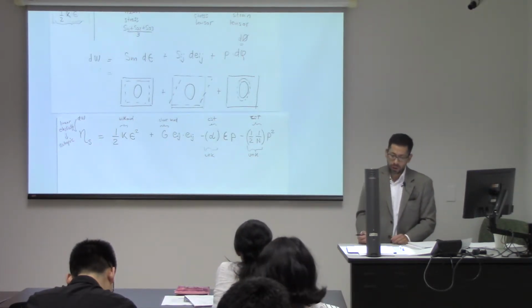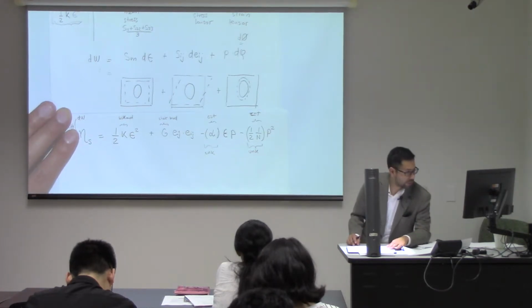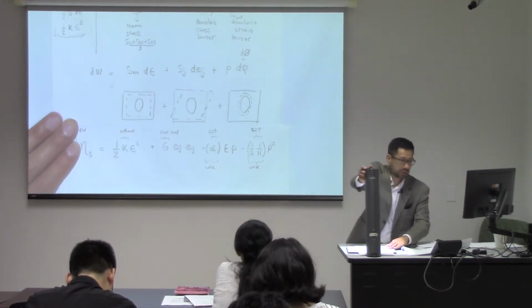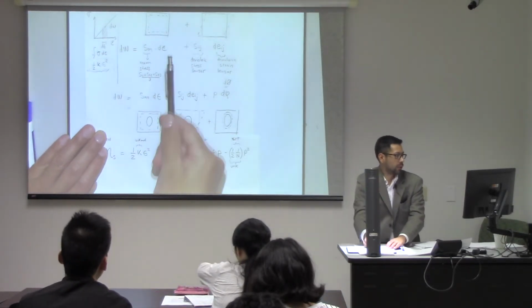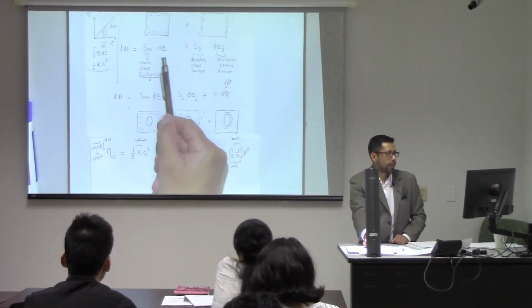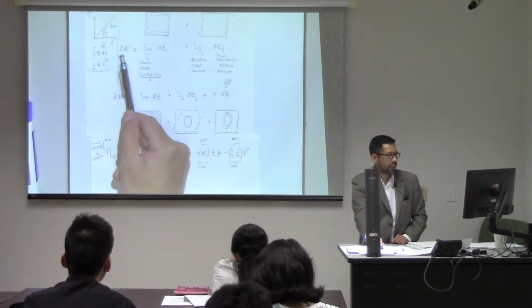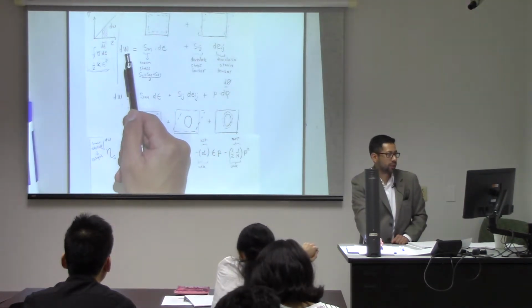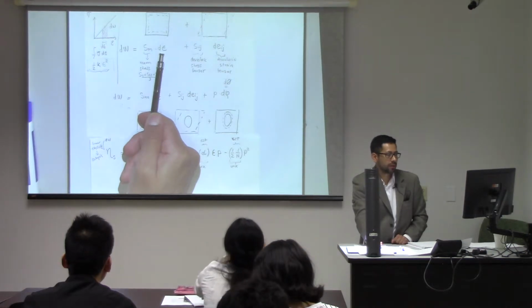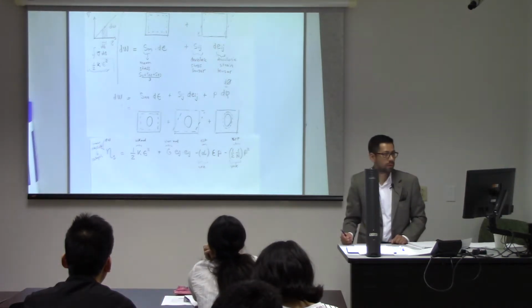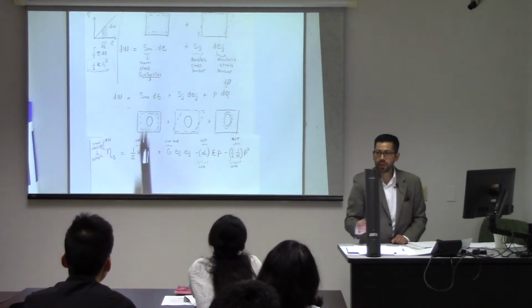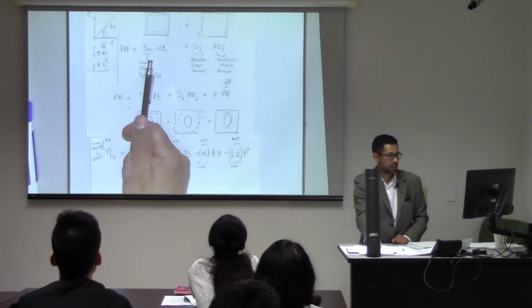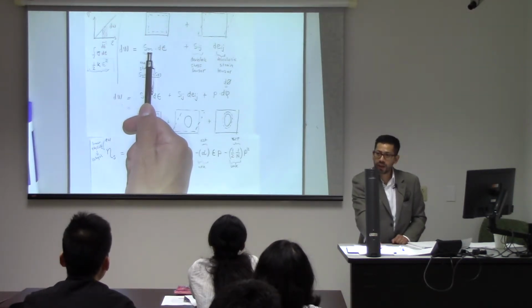Okay, so let's compare now this equation, which is an energy equation, the total free energy equation of the solid, with this one. What happens if you take the derivative of energy with respect to volumetric strain? What do you get? A partial derivative of this with respect to volumetric strain. You get the mean stress, right?